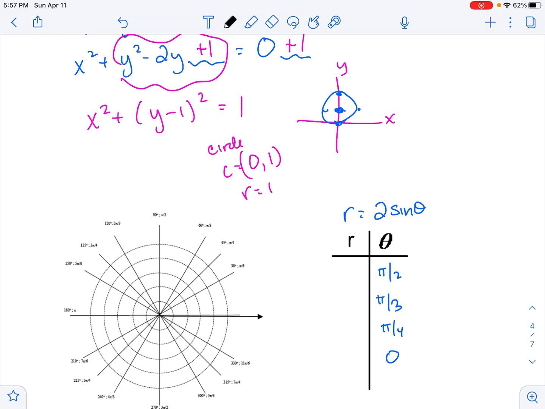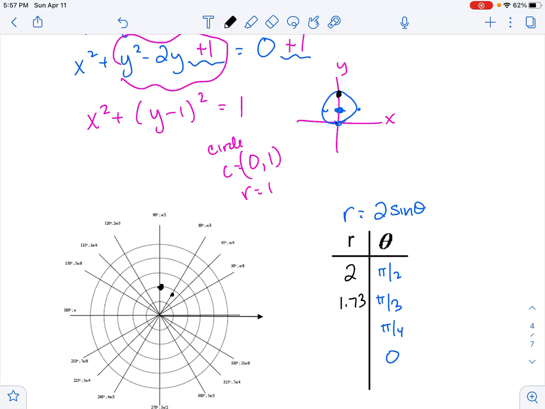If I type in 2 times sine of pi over 2 into my calculator, that gives me 2. So at pi over 2, I'm up 2, and that's going to be the top of my circle. All right, if I plug in pi over 3 and do 2 times sine of pi over 3, that gives me 1.73. So if I rotate to pi over 3, I go out approximately 1.7.